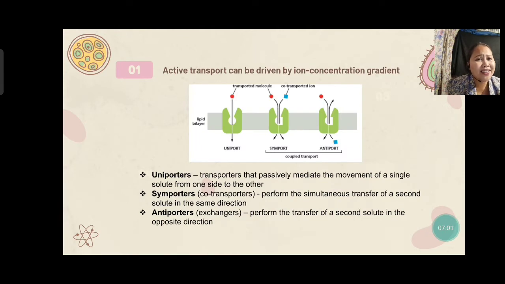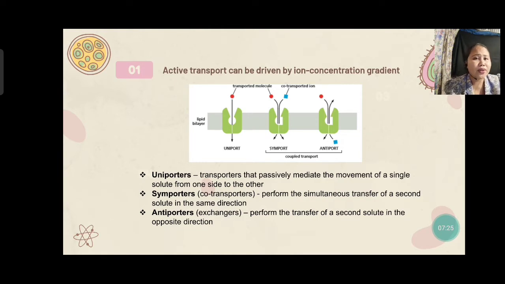So for number 1, active transport can be driven by ion concentration gradient. There are three types of transporters: the uniport, the symport, and the antiport.